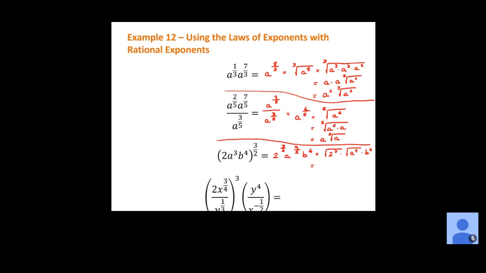Can we break down 8 so that we have a perfect square that we can take the square root of? Yeah, 4 times, not 4, but 4 times what? 4 times 2. Good.